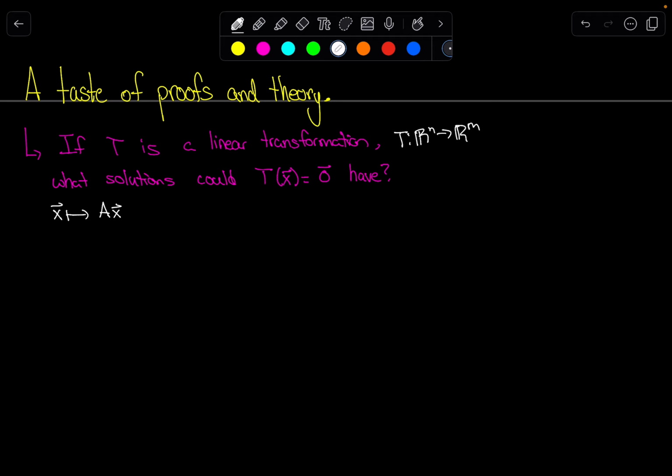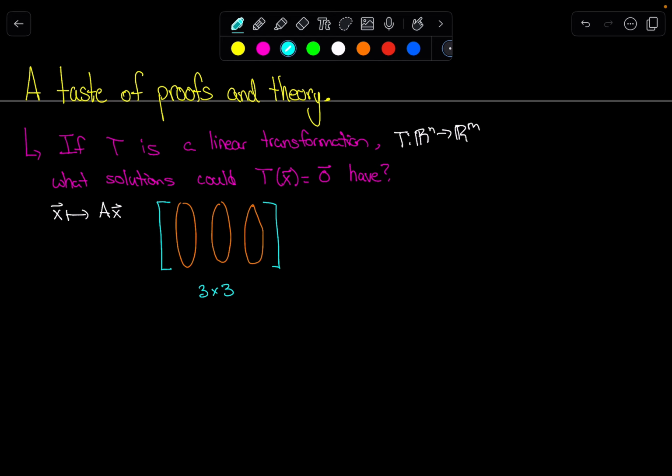Remember that we're going to have this matrix A, and this matrix A in and of itself consists of a bunch of vectors. Just for the sake of example, let's say this is a 3 by 3 matrix. So we have 3 vectors.